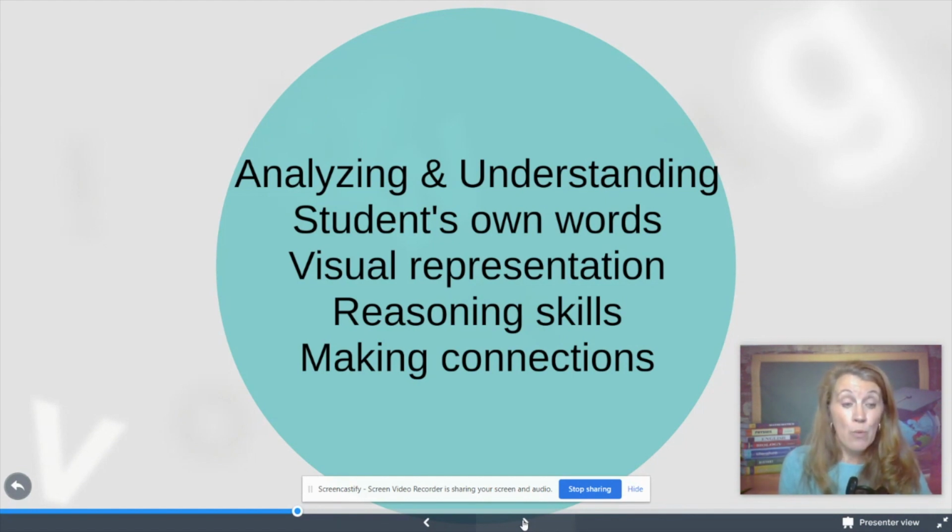And as always, the most important thing is making connections, either text to text, text to self, or text to world when examining the text, and critically and logically thinking while reading.